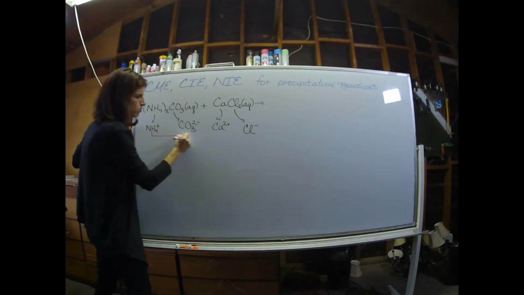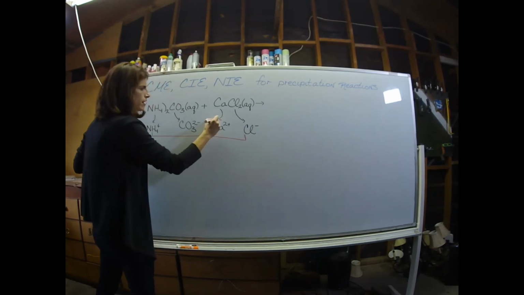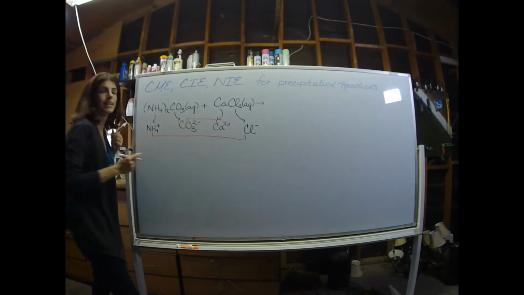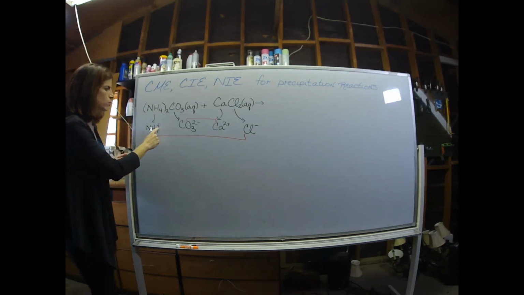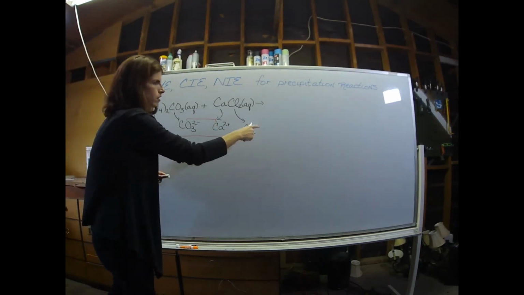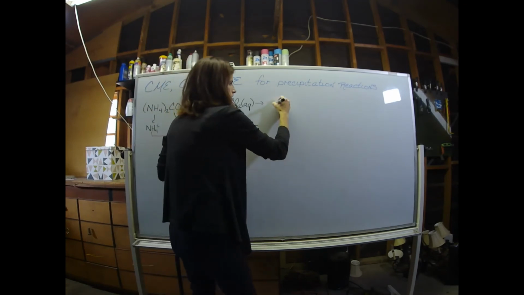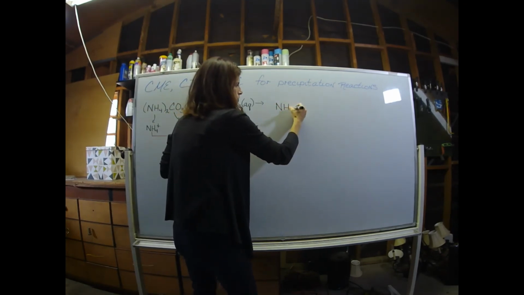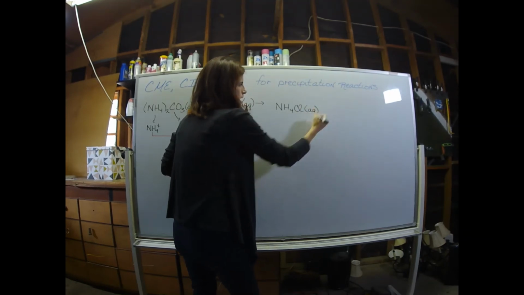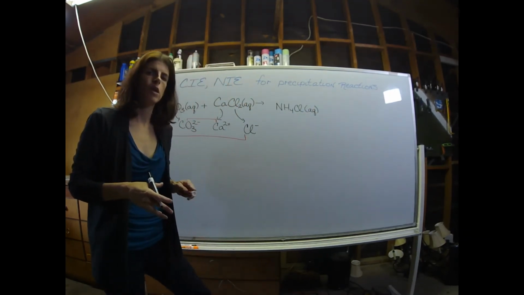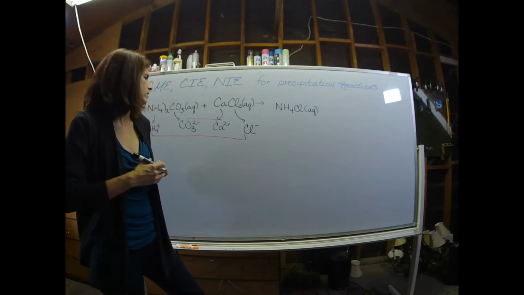Ammonium with chloride, and then we'll combine the calcium and the carbonate. So +1 -1, that'll give us NH4Cl. Any compound that contains an ammonium ion is going to be aqueous.